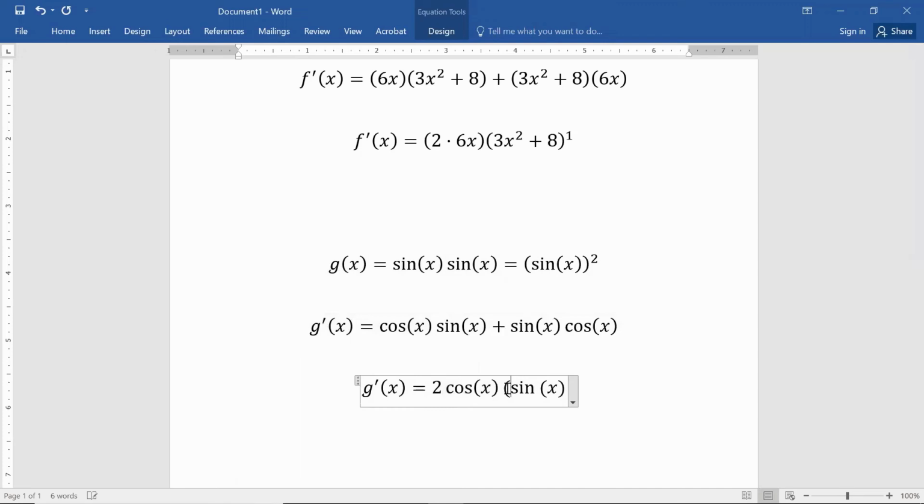Notice we're getting a very, very similar thing to what we had before. We had our expression to the first power, and then that was multiplied by 2 times the derivative of the expression.